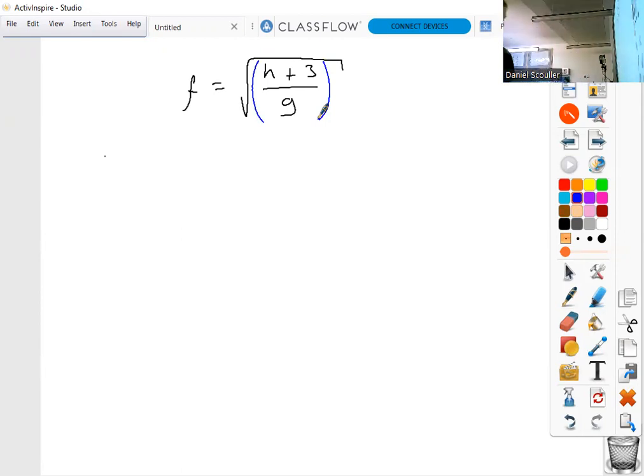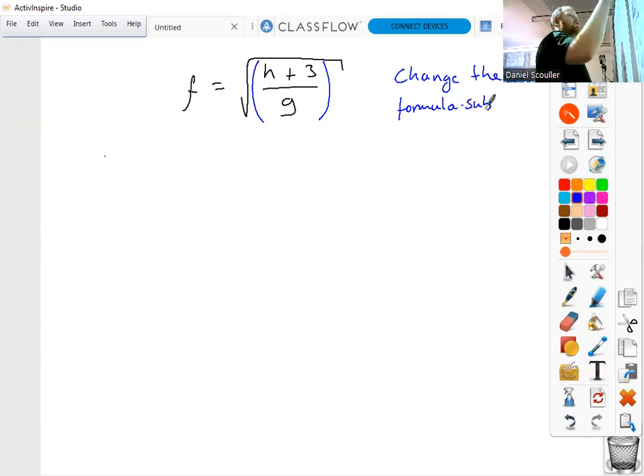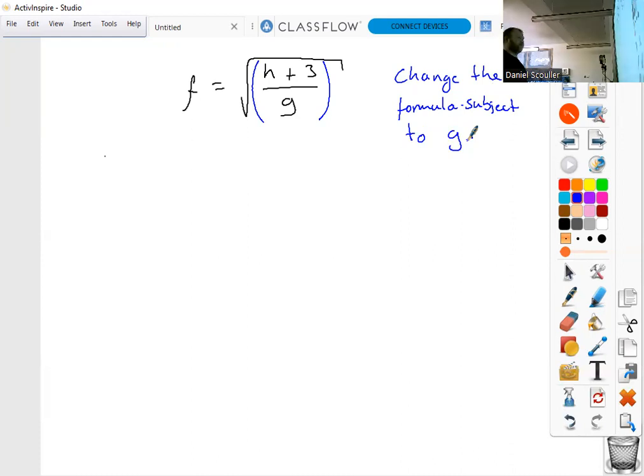The question asked us to change the formula subject to G. So identify G. Pretty obvious.